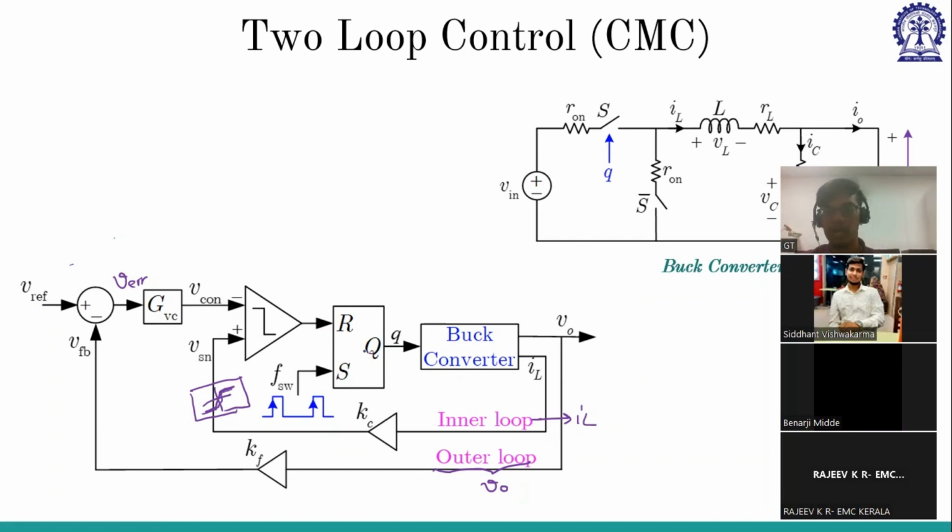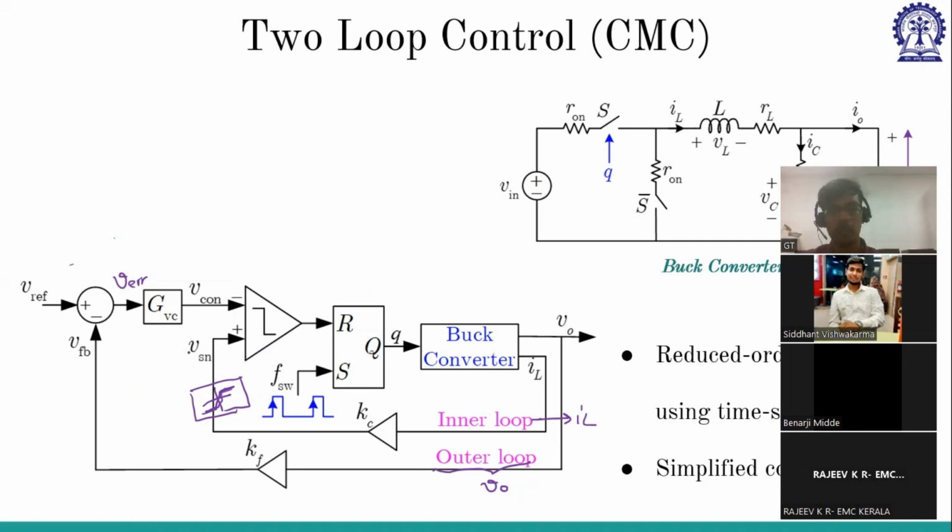If you don't want the current to cross, say, 10 amperes, you can put a saturation limit and it will not cross 10 amperes. Whereas in the case of voltage mode control, you do not have control over current, and that is one advantage of current mode control. And the inner loop has to be 10 times faster. Whenever we have multiple loops, always the inner loop has to be faster than the outer loop by 10 times.